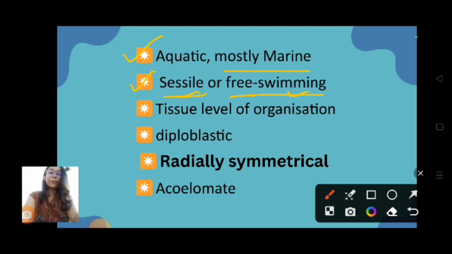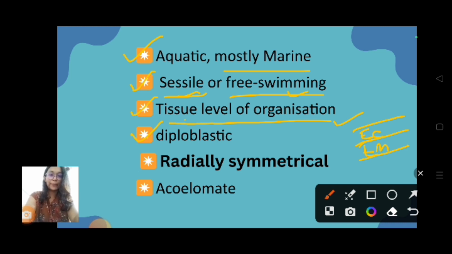Is it clear? Then coming to the third point, the level of organization here is tissue level of organization. In the introductory video we have already discussed it. Tissue level of organization we can see in Coelenterata. They are diploblastic, means two germ layers are present, outer ectoderm and inner endoderm.